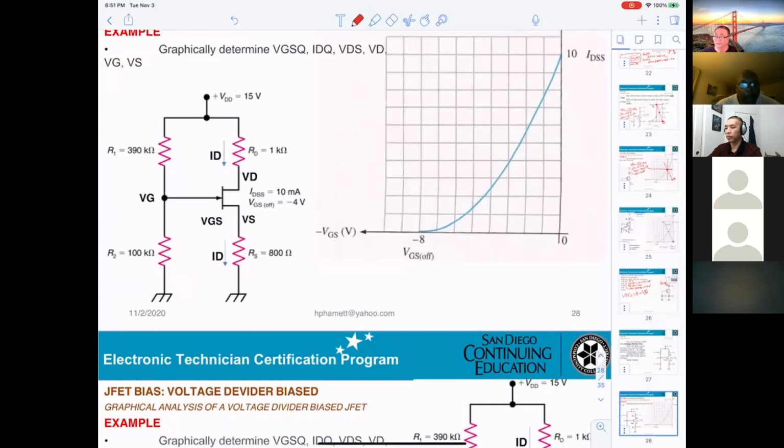First thing, whatever you want to do, you have to get VG equal to 3.06 volts. If you do not get it, let me know.